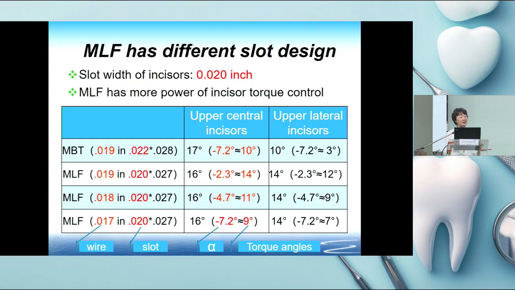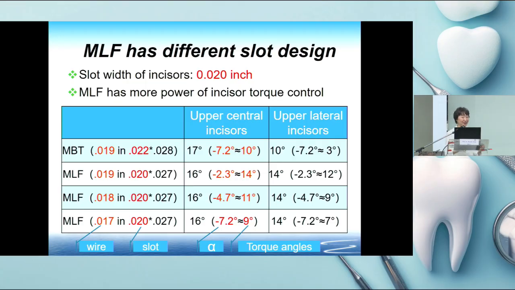But in the PASS system, we have different slot sizes. For the anterior teeth, the slot width of the incisor is 020. It's not 022. For posterior teeth it is 022.